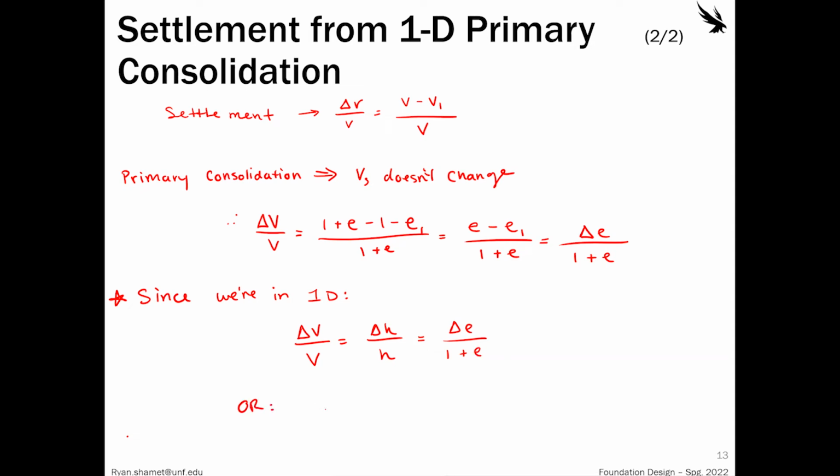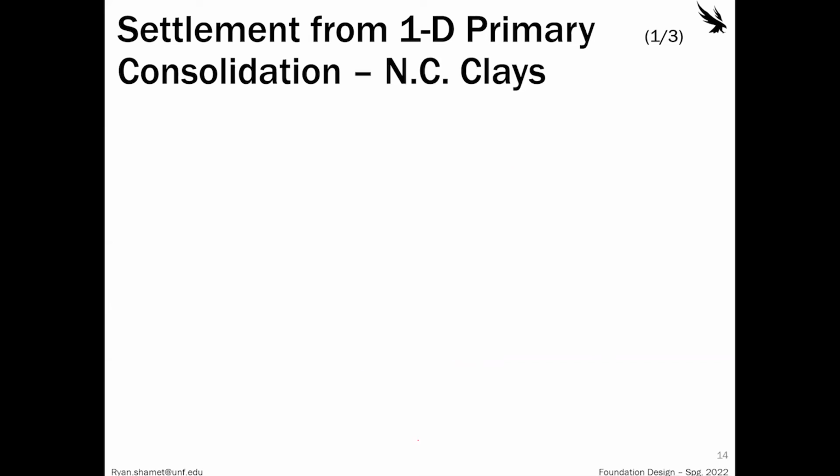What we will do is simplify this and solve for the change in height, and put that H on this side. This is going to be an important equation when we go from the lab to the field conditions.